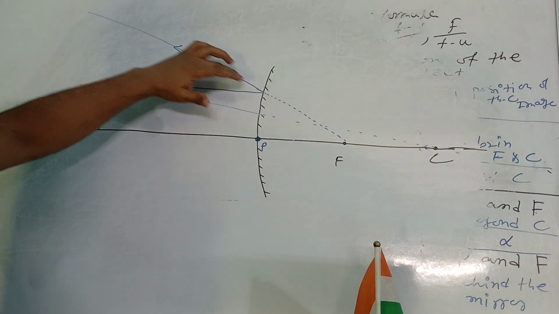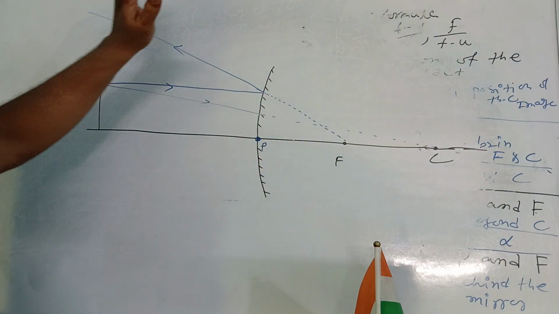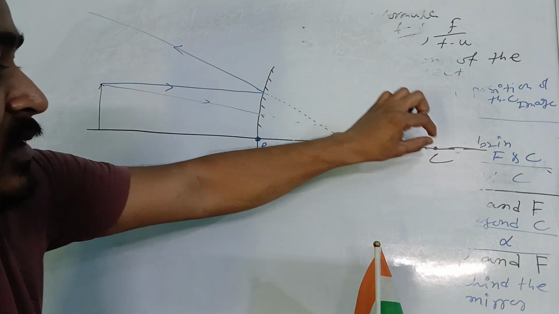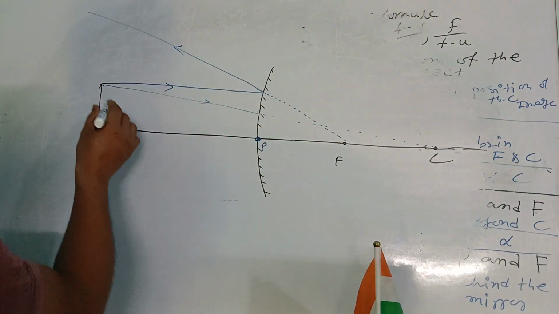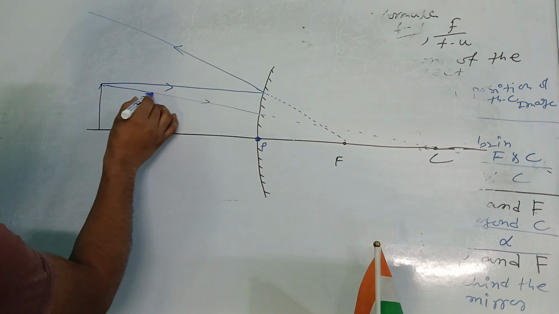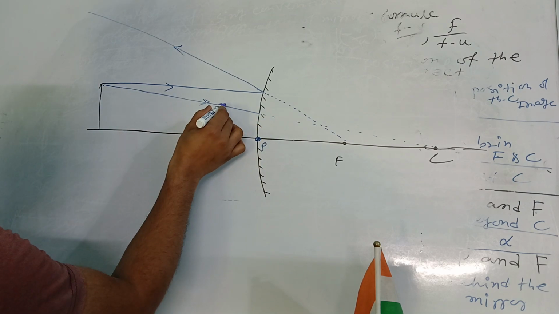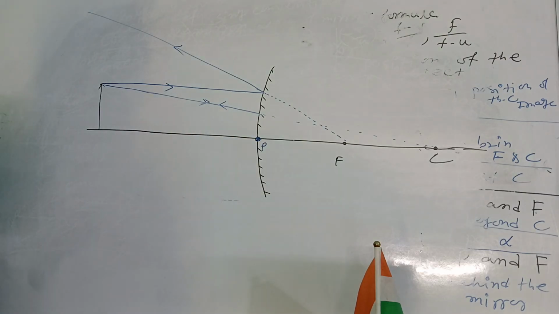One ray parallel will deflect back and appear to diverge from the focus, and I am taking one center of curvature seeking incident ray. It is normal incident, so it will deflect back along this direction.